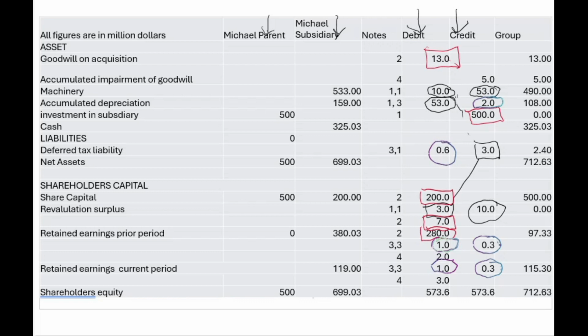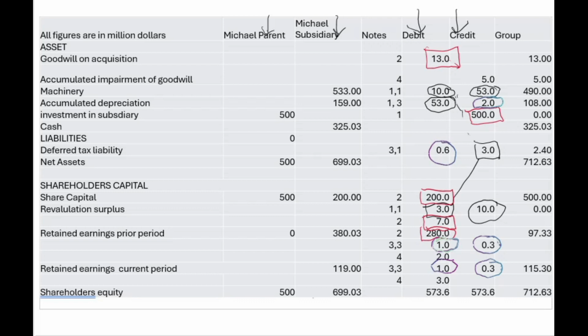Our initial deferred tax liability was 3. It progressively decreases by 0.3 every year because the useful life of the asset is 10 years. So every year 0.3 it decreases. For 2 years it's 0.6. Decreases because the carrying value of the asset progressively decreases.